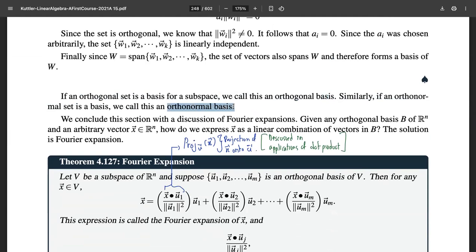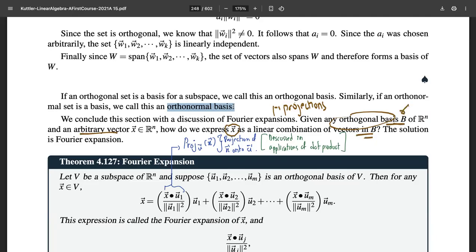Now we want to discuss something called Fourier coefficients, and this is linked to the part where we talked about projections in the previous section, on applications of the dot product. If you're given any orthogonal basis in Rn, we can express x, an arbitrary vector, as a linear combination of this orthogonal basis.